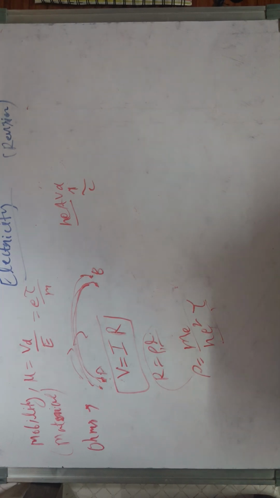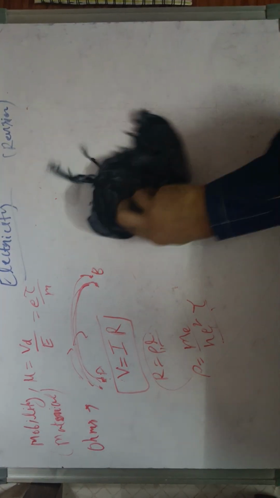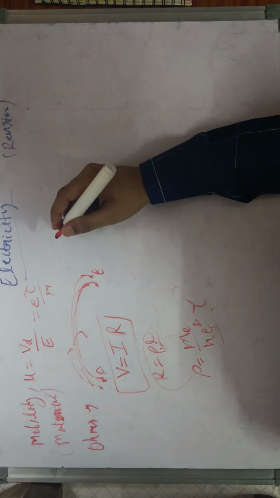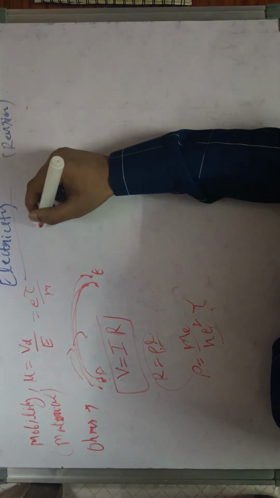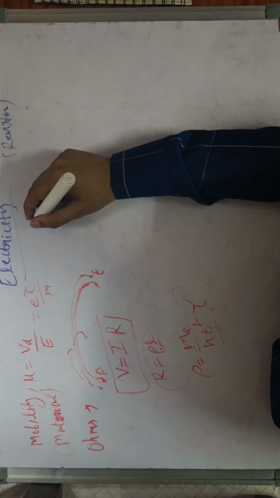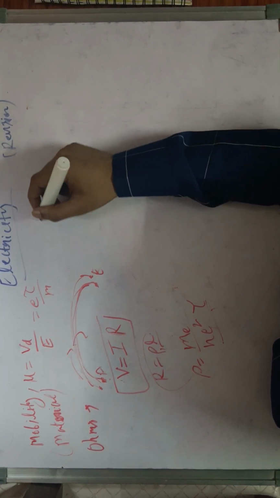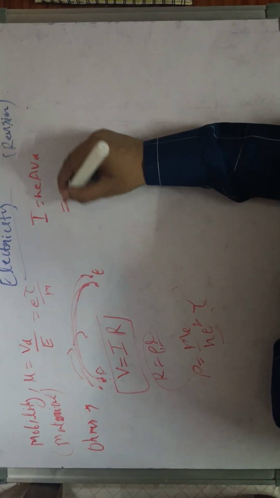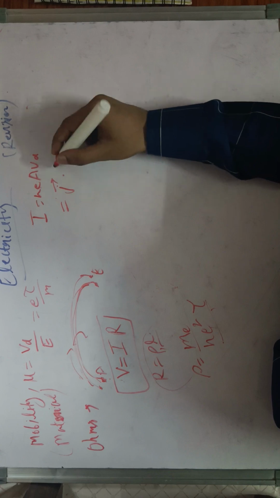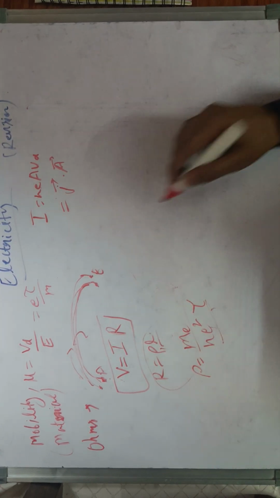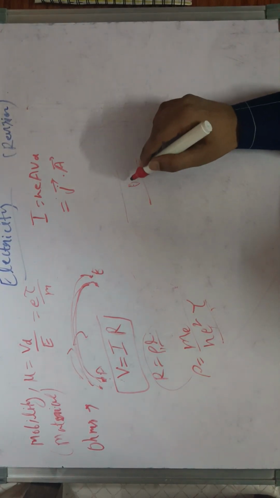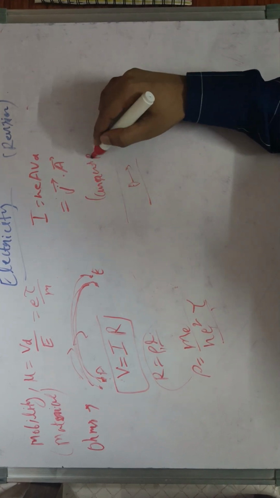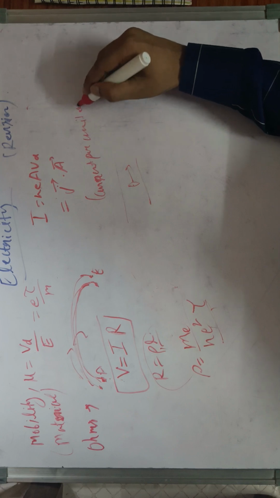Now what happens next is that another formula we have is V = IR, and there is one formula for current. We had one formula which is equal to nAeVd, and I can also write current is equal to J dot A vector, where J is the current density, the current per unit area.